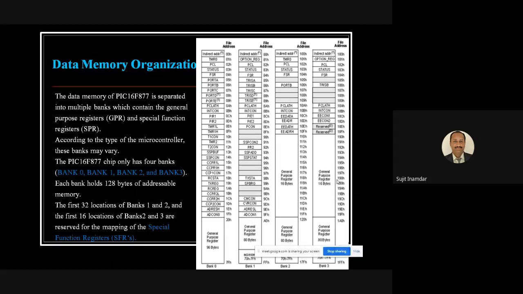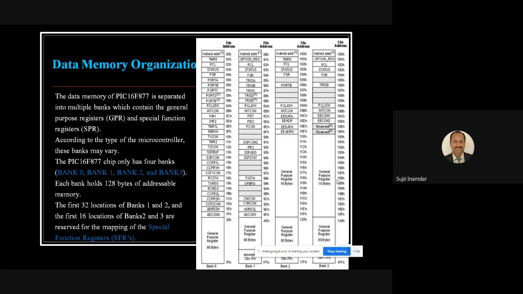So in PIC it is separated into multiple banks. जर तुम्हाला 8051 आठवत असेल तर 128 byte was the memory for RAM.